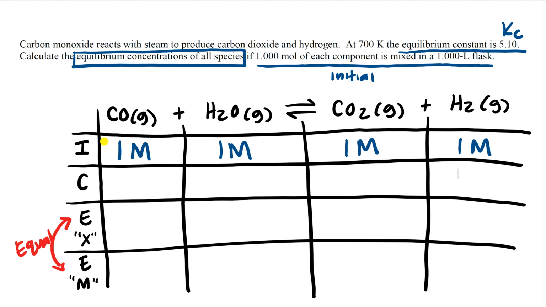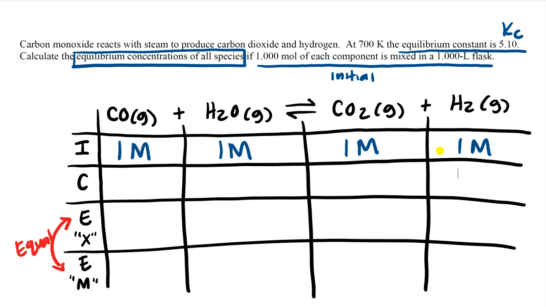So what you have to do, anytime that you don't have a 0 in the initial row, you're going to have to calculate Q, then compare Q to K to determine in which direction the system is going to proceed to establish equilibrium. Is it going to move in the forward direction, or is it going to go in the reverse direction?